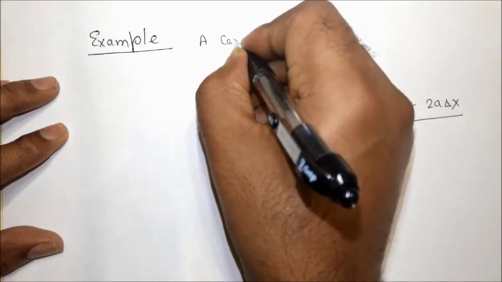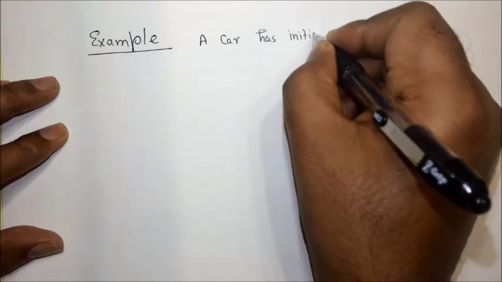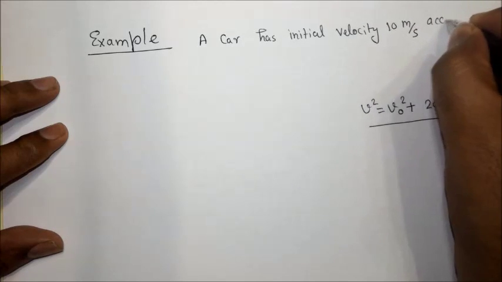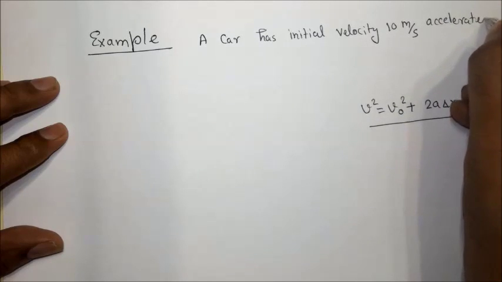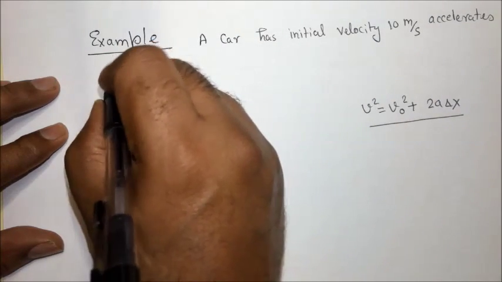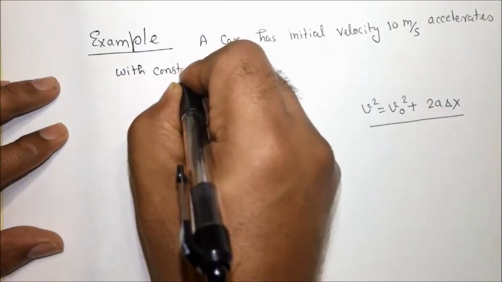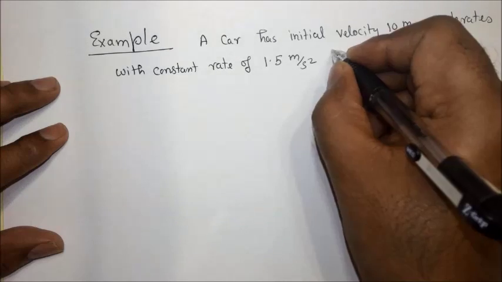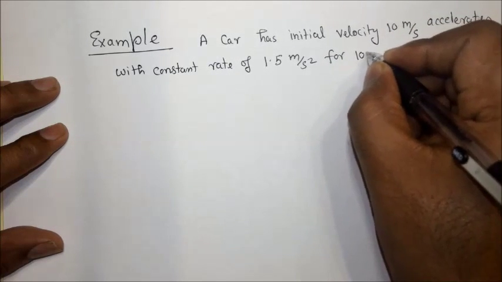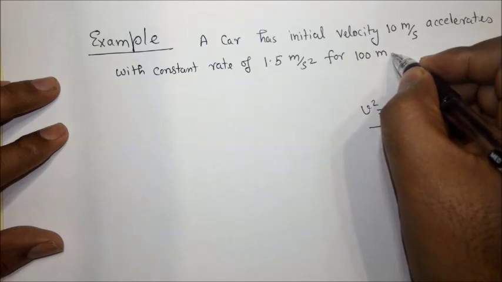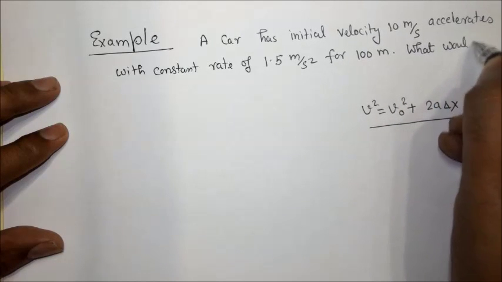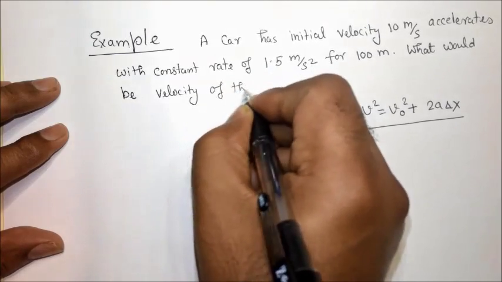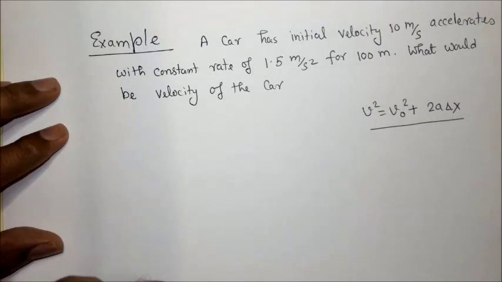A car has initial velocity 10 meter per second, accelerates with a constant rate of 1.5 meter per second square for 100 meter. What would be the velocity of the car?